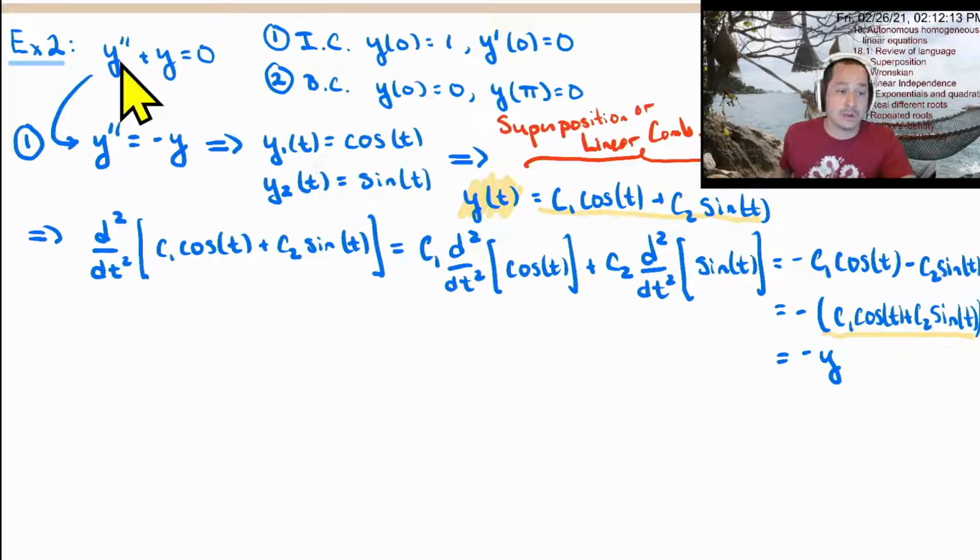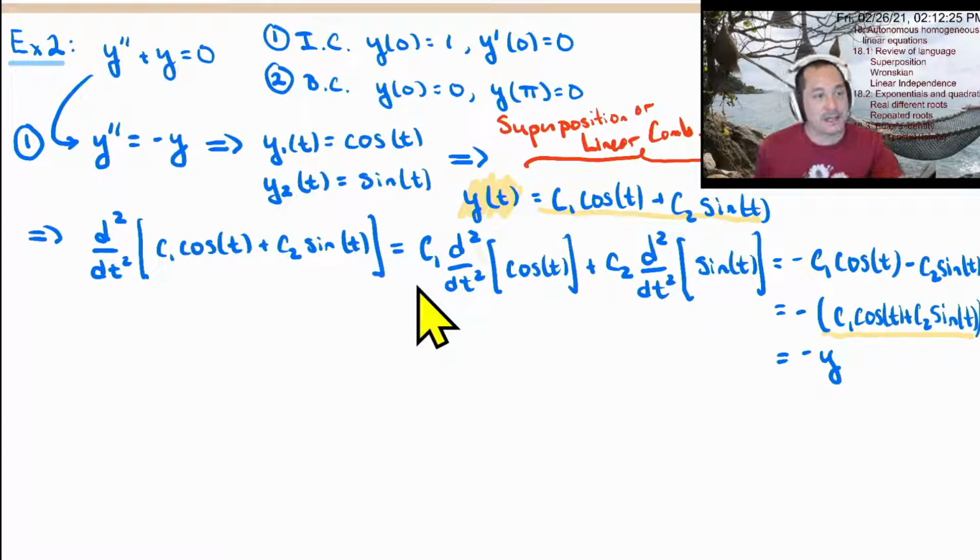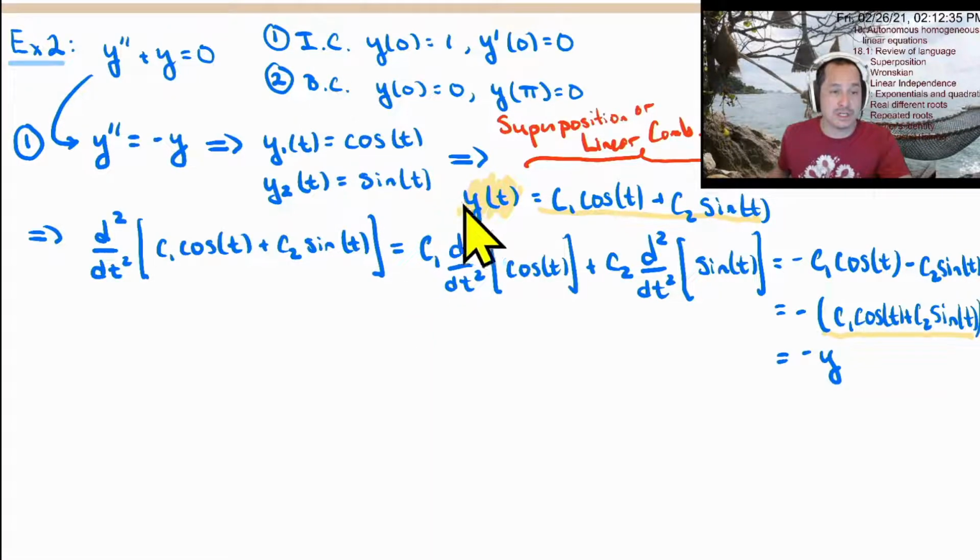I've got a second order equation, it's linear, I go on the hunt for two solutions, I form their combination, and then I have the solution to the system. I'm actually getting a little ahead of myself because what we're assuming here is that it is the general solution to the equation, and I'd like to talk a little bit about that right now before we do some initial conditions and boundary conditions.